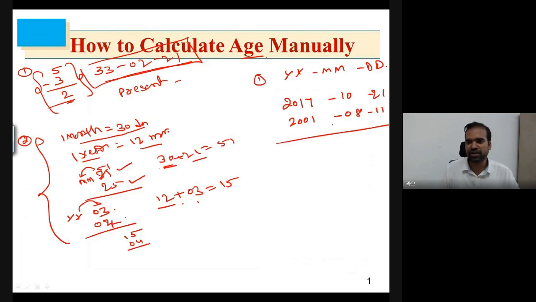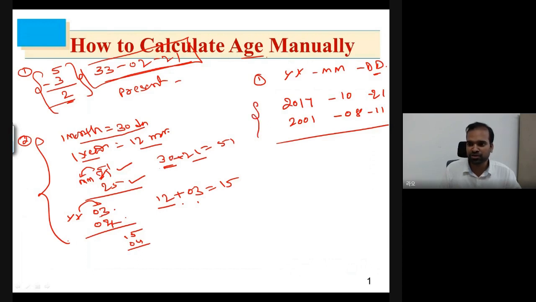This kind of calculation is very easy because when you come to the date, you can subtract 21 minus 11, higher value minus lower value. When you come to the months, 10 is higher than 8, so you can easily subtract. Now when you come to the year, 2017 is the higher and 2001 is the lower. This type of calculation is very easy.